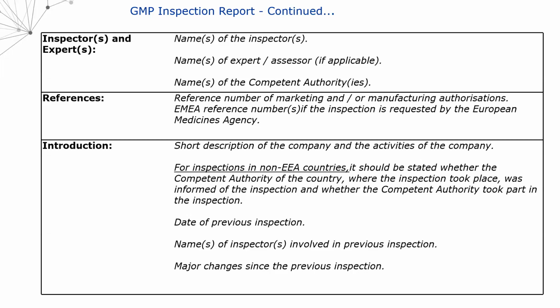When the audit is happening for the product approval or anything, these Indian regulatory people will also be available in the facility. Those details will be captured in this section.